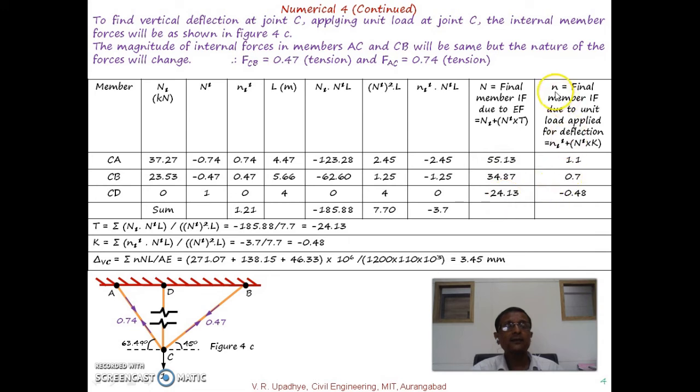Similarly, small n is the final member internal force due to unit load applied for deflection. For that, this capital K is calculated.